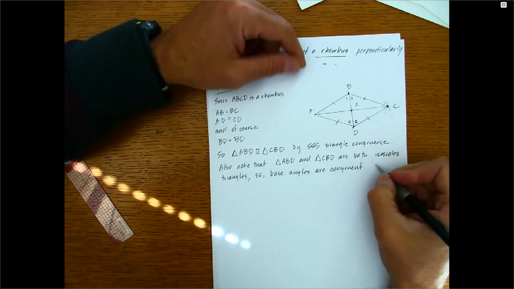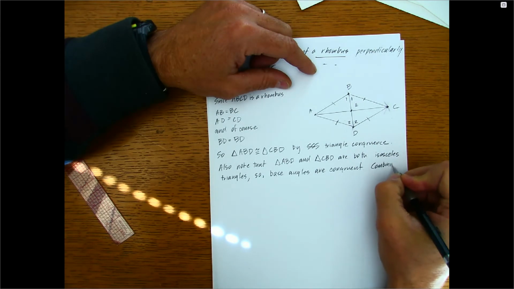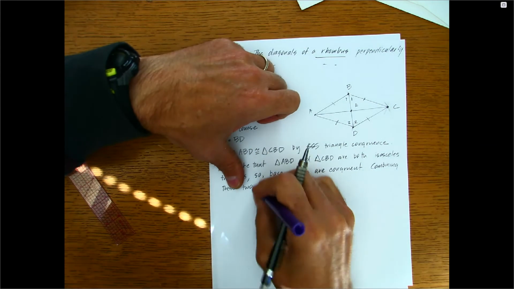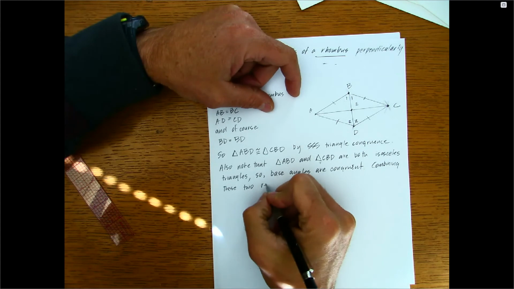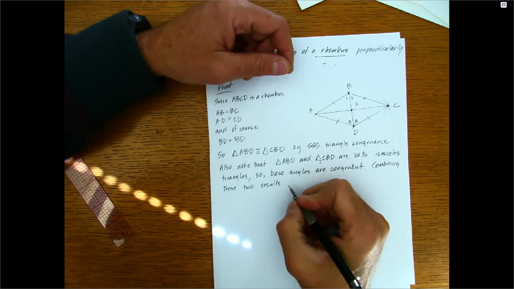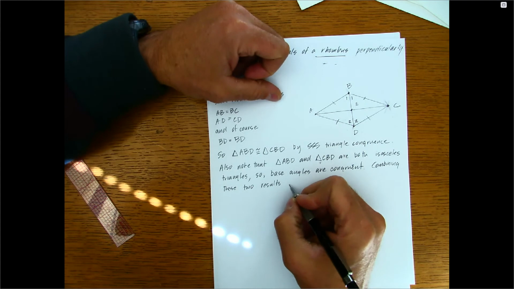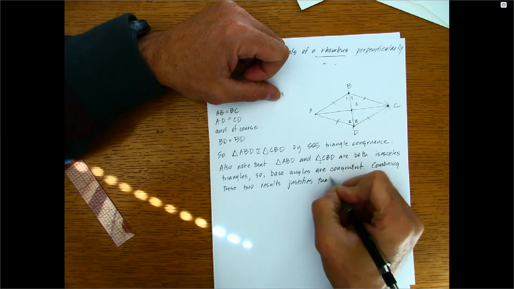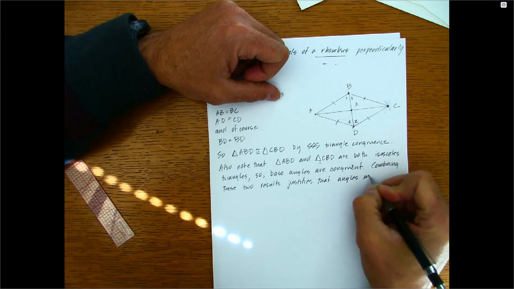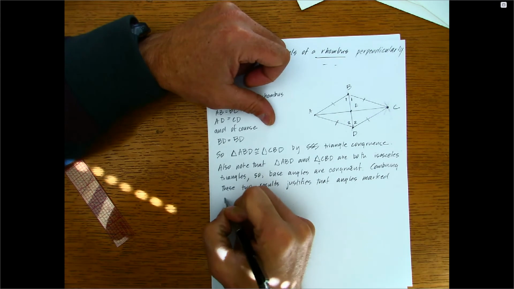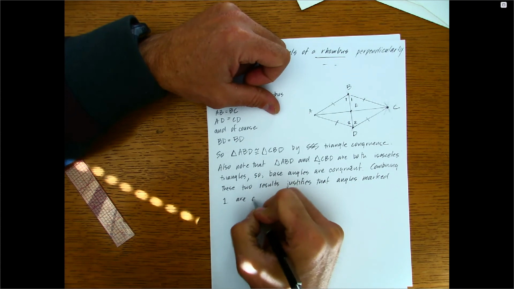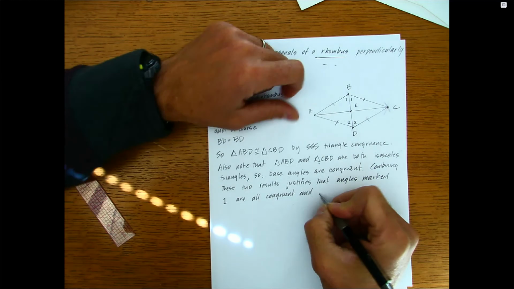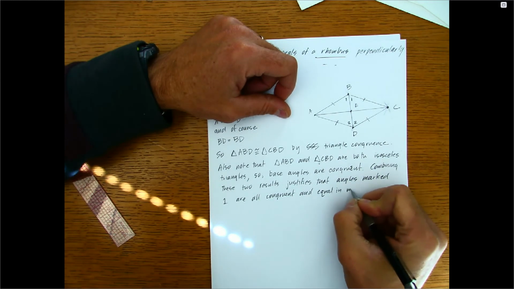I'm going to just say, combining these two results justifies that the angles marked 1 are all congruent and equal in measure.